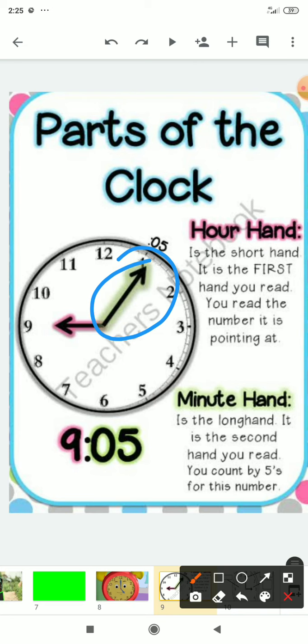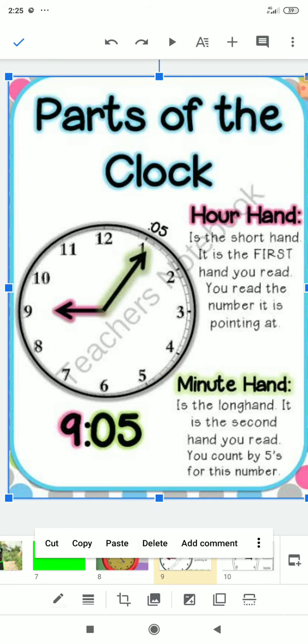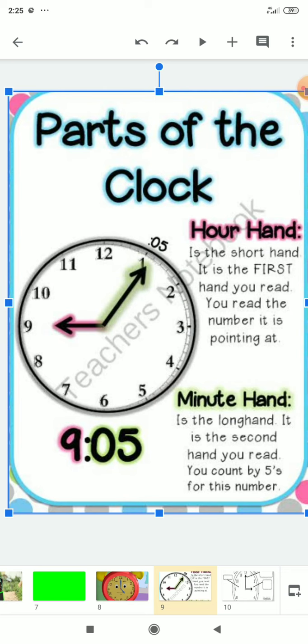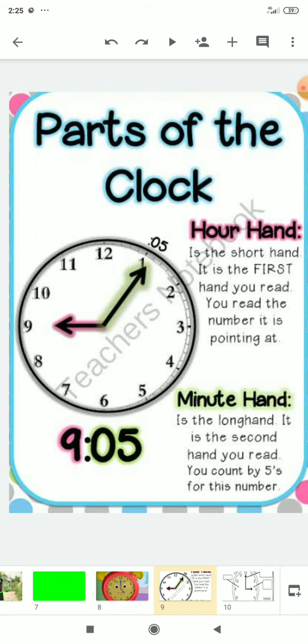Between these we have small lines, and when it goes from 1 to 2, the lines in between are 4, and at the next number is 5. So there are 5 lines between the numbers, and it will tell us about the minutes.